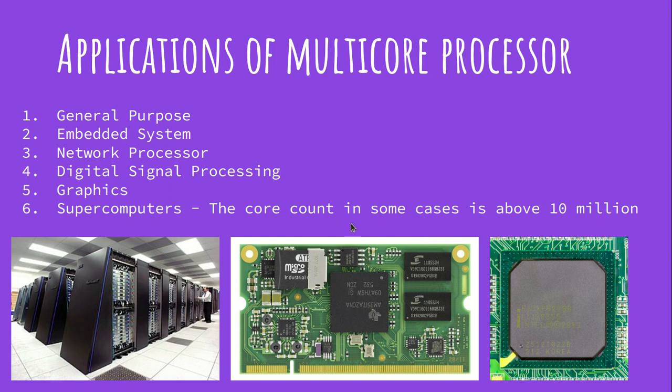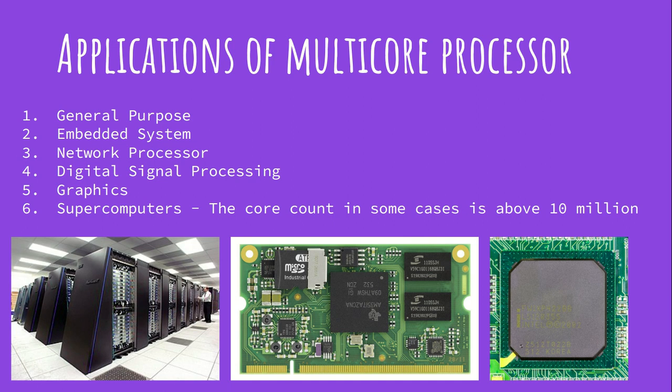What are the applications of multi-core processors? The first application of multi-core processors is in general purpose computing. Almost every laptop or desktop today is made of multi-core processors. Almost all Windows laptops or desktops have Intel Core processors in them.